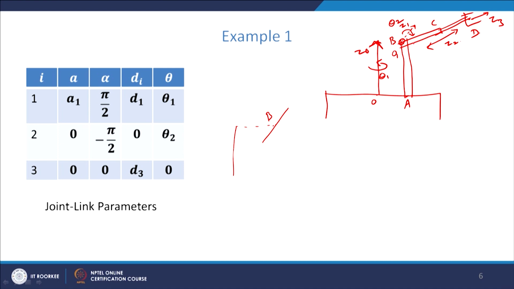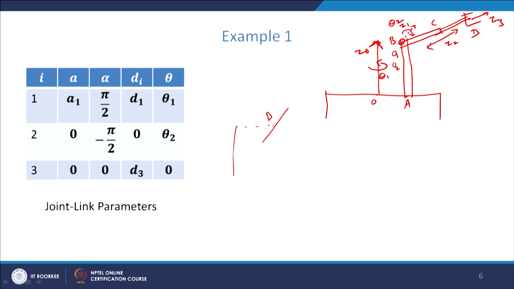Now, Z1 and Z2, they are also intersecting at the same point B. So, we can call it as the origin O2 also.